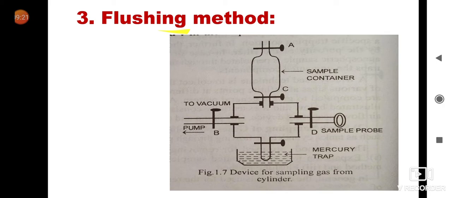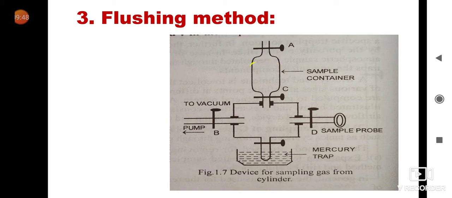That means this apparatus or sample container will be flushed out by the gas sample. Whatever gas sample we are going to sample, by using that gas we are going to flush out this sample container.